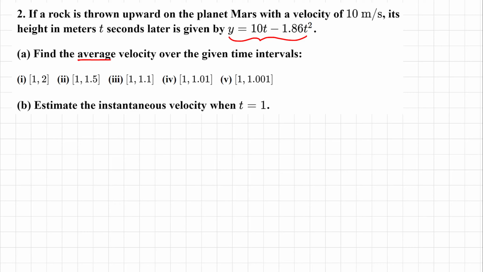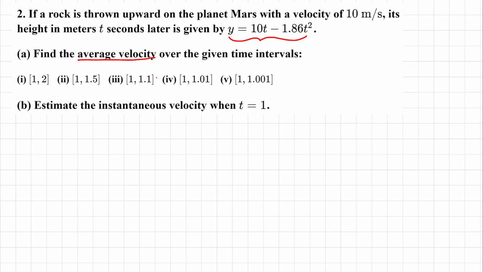So the average velocity over 1, 2, 3, 4, 5 different time intervals. And these time intervals start at 1 in each case. And the second time is now 2, 1.5, 1.1, 1.01, 1.001.